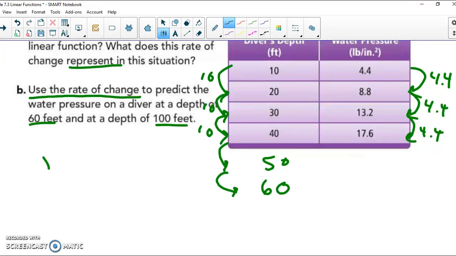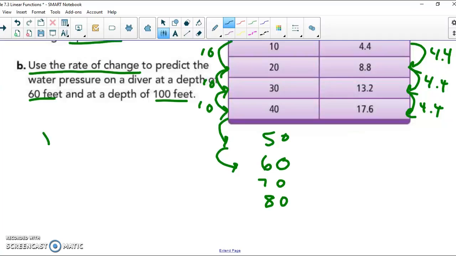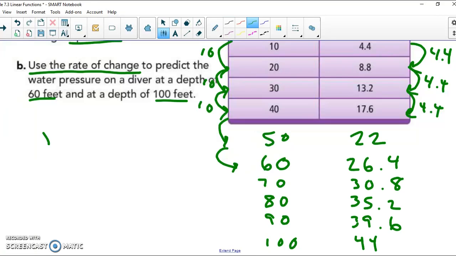And then I can also continue extending until I get to 100 feet so I can make my second prediction as well. So now I'll continue adding 4 4/10 in my y values.